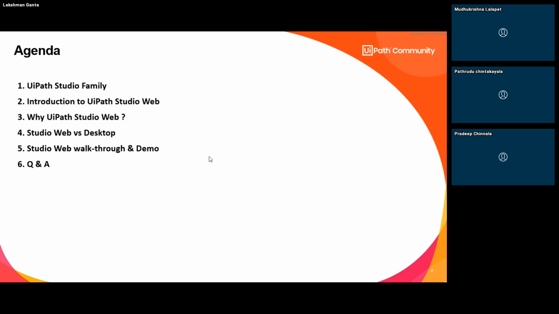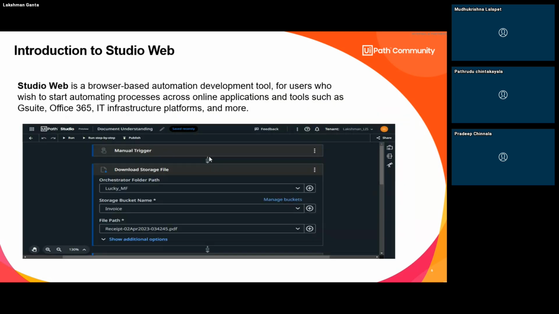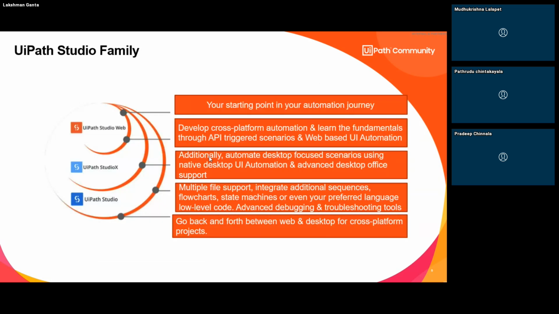We'll start with that, then a quick introduction to UiPath Studio Web, why we need Studio Web, what the main differences are, what you can do in Studio Web and what you cannot do in desktop, and the differences between those two tools. Then a quick demo, and at the end we'll have a Q&A session.